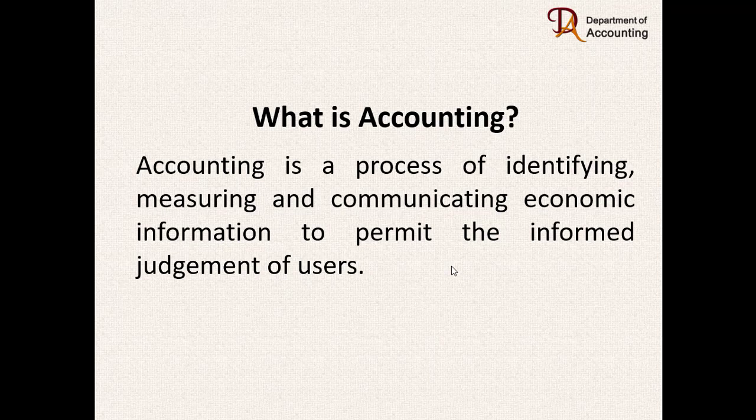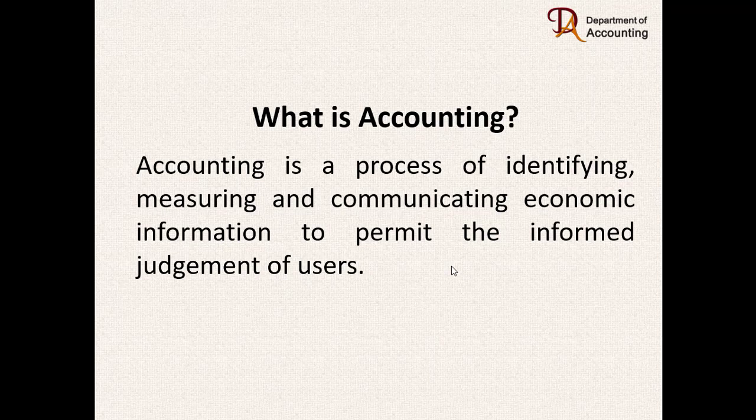Here it highlights several aspects. The most important thing is that in accounting we communicate economic information. For what? To permit the informed judgment of users. In simple words, we communicate economic information to facilitate the decision making of different users of accounting information.